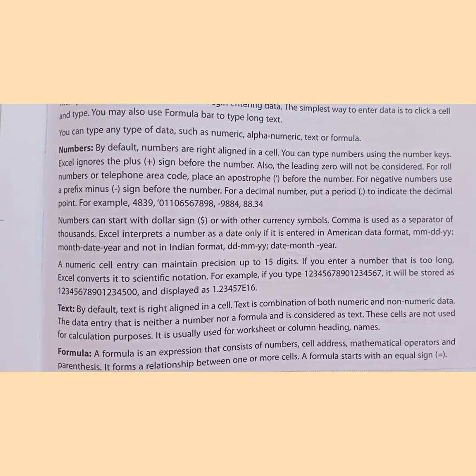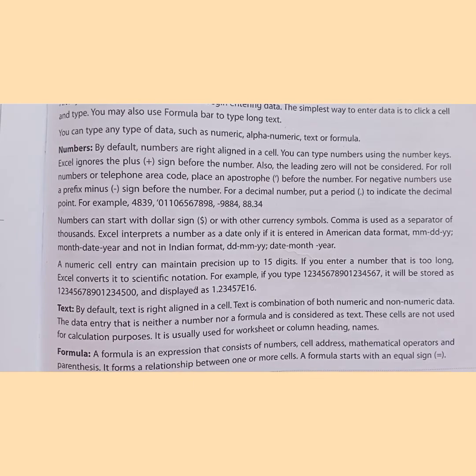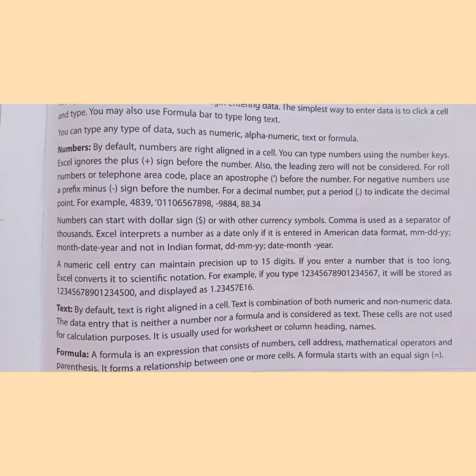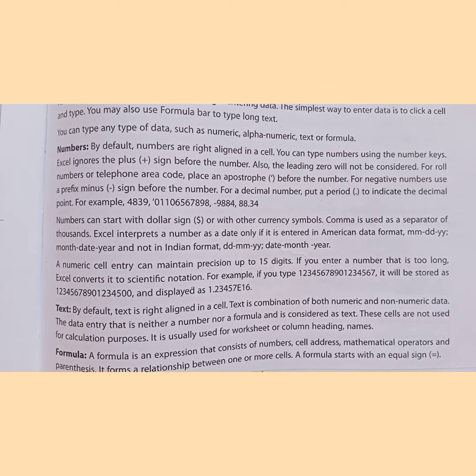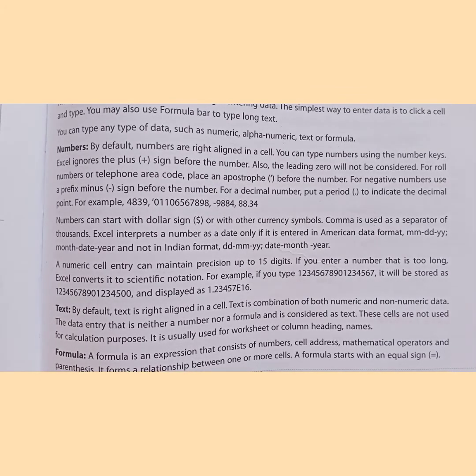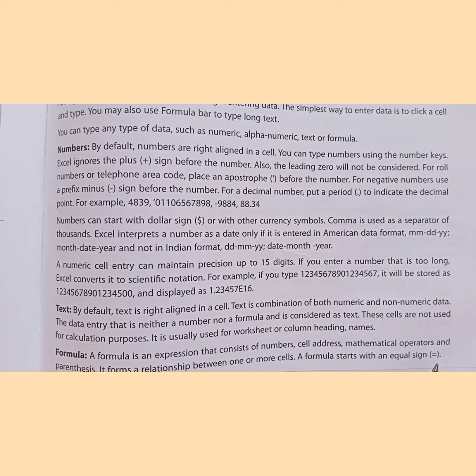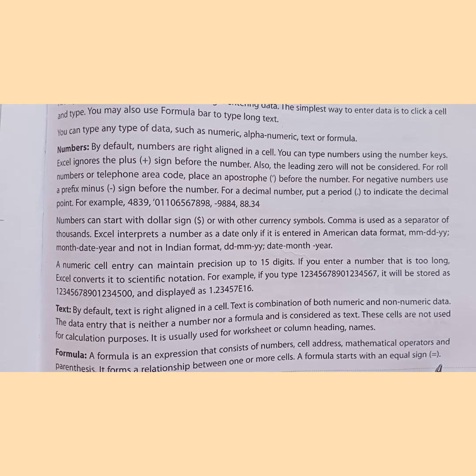Whenever we have to give a formula in any of the spreadsheets, we are supposed to precede the formula with a symbol. In Excel, all the formulas will begin with an equal to sign. Without the equal to sign, your formulas and functions will not be considered by Excel.